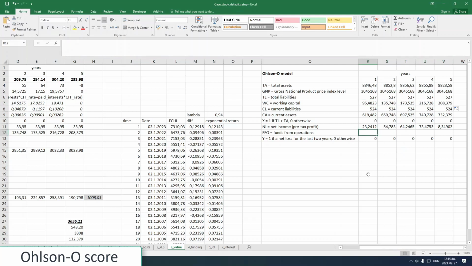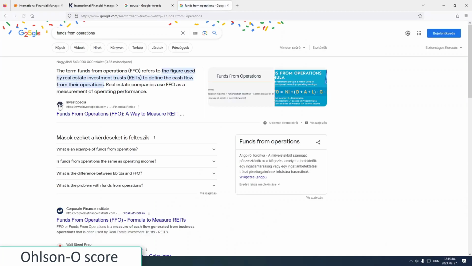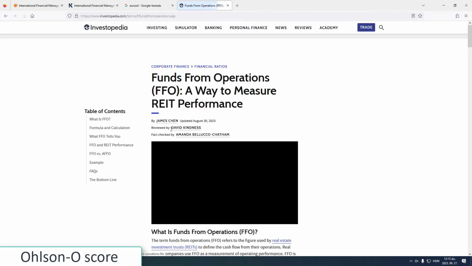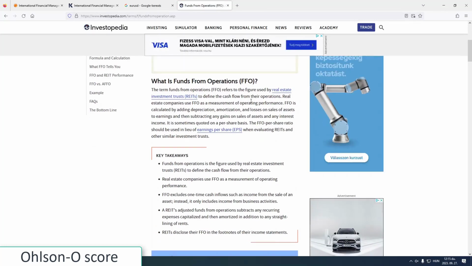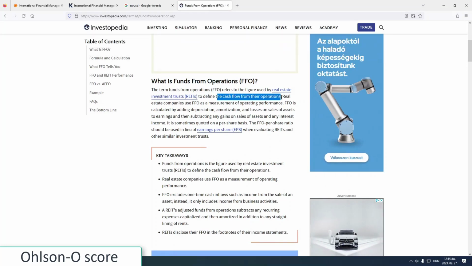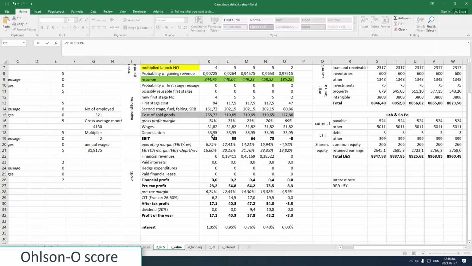Okay. And funds from operations. Oh, this is what I hate. This is coming from the cash flow analysis. Cash flow from operations, plus we have to add the depreciation.